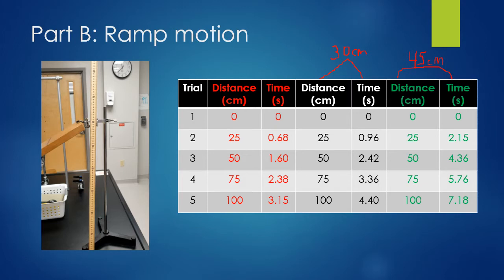Last but not least, the data set in red, we went ahead and lowered the ramp once again to its lowest elevation that we collected data on, and we used 15 centimeters there instead of the 20 that is written in your lab manual. So what we're going to see in the video is how the data was collected at the highest elevation.